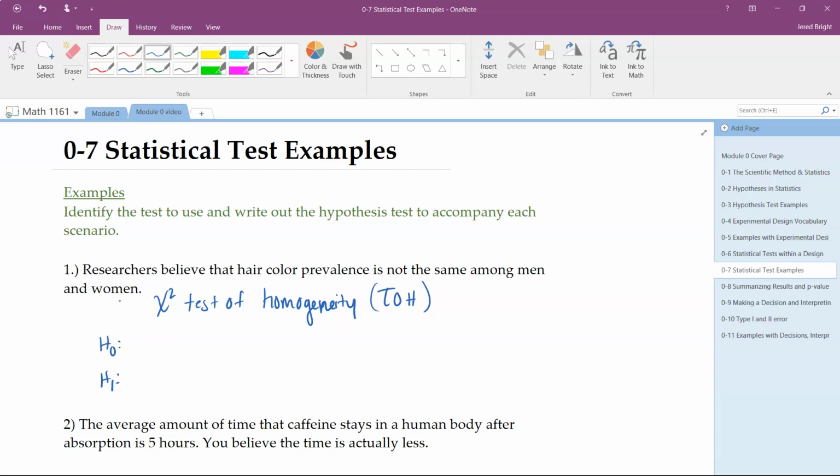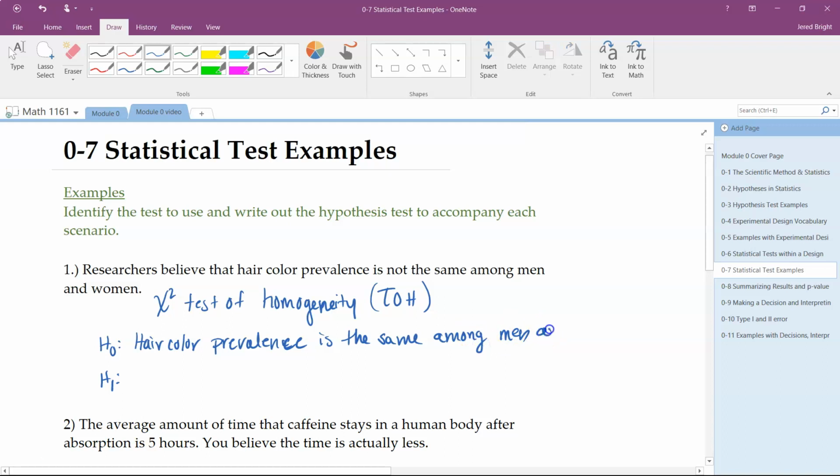Okay, so the null hypothesis would state the commonly held belief, and it would just be that hair color prevalence is the same among men and women.